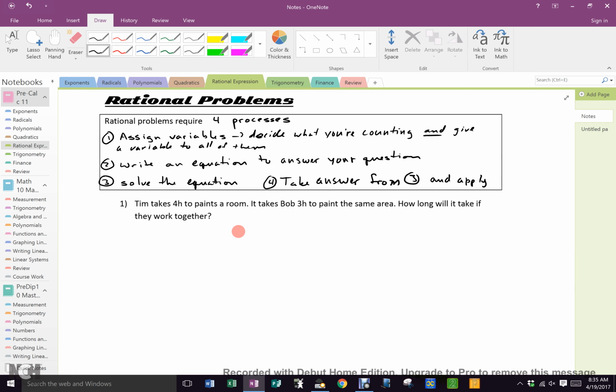And I invariably have kids in my classes from grade 9 all the way up that think that is an acceptably intelligent answer. That Tim could do it in 4, but if somebody helps him, it's going to take longer. I have had people hand in a test with that answer.